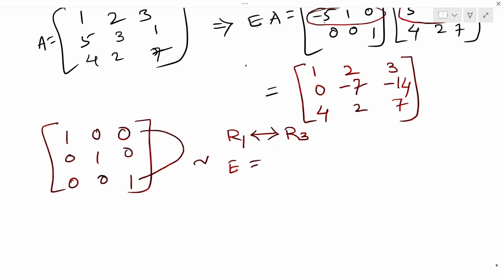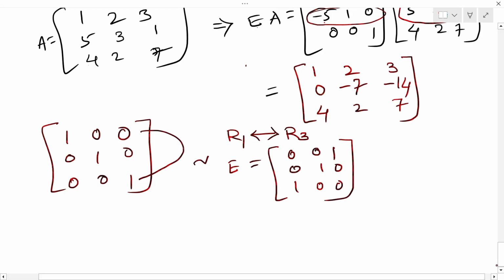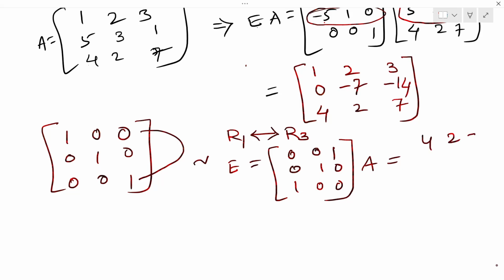E is equal to, just interchange R1 and R3: 0 0 1, 0 1 0, 1 0 0. The speciality of this matrix is that whenever it is multiplied to any A, the first and third rows will be interchanged. My resultant will be 4 2 7, 5 3 1, 1 2 3.